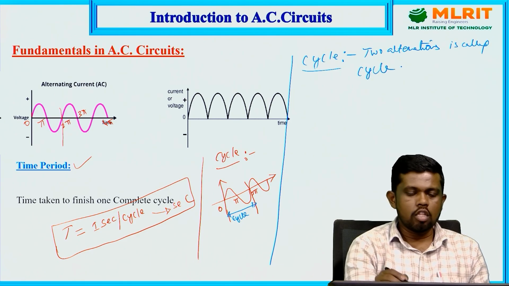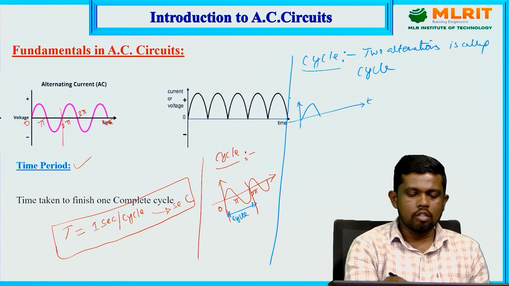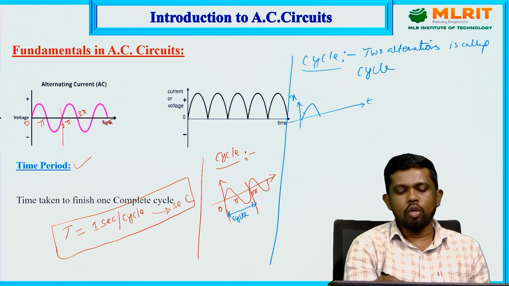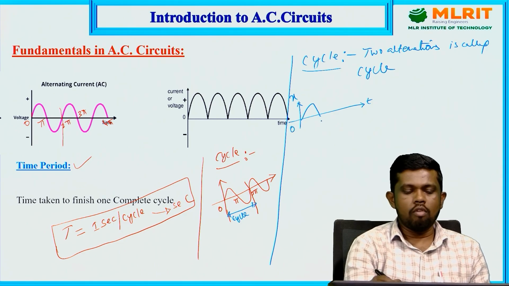This is one alternation with respect to time t, for any signal we can consider x or y. The span of one alternation is pi. We can also consider this one half cycle, or one alternation.